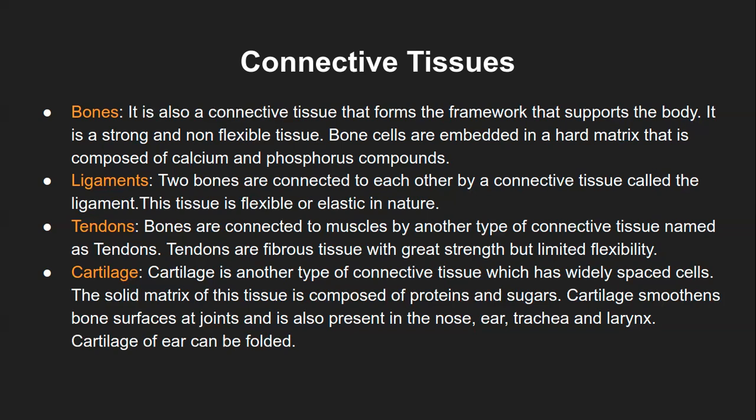Then there is the fourth example, that is tendons. Bones are connected to muscles by another type of connective tissue, which is called tendons. So for example, again, we have the upper arm bone, humerus, and you have bicep and tricep muscles, right? These bicep and tricep muscles are not immediately around the bones.